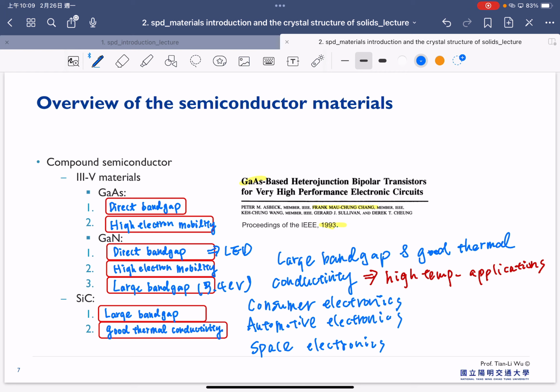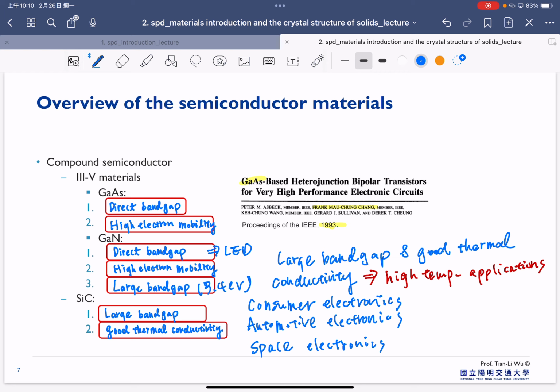But for automotive, it's a different scenario. If you purchase a car, you expect to use it for 10 years, sometimes 20 years. If you check with your parents or grandparents, they might have a car that has been used for more than 30 or 40 years. That means for automotive electronics, we have to use a very high standard of reliability.